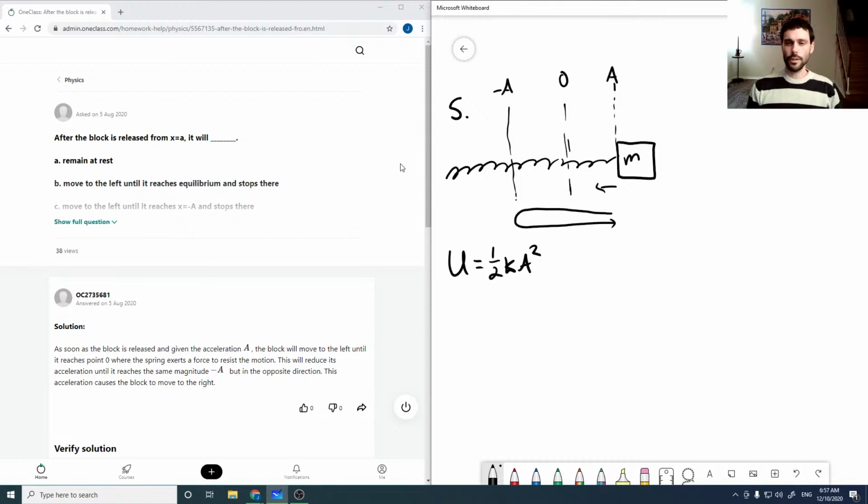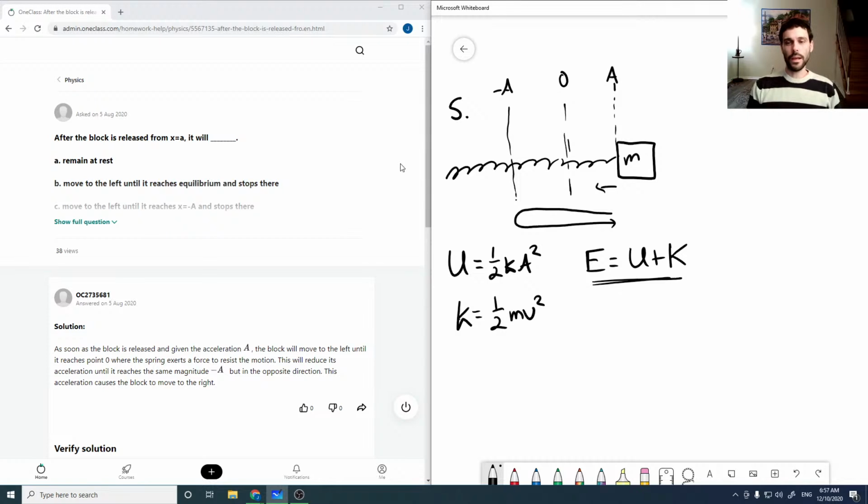So without friction our energy will always be constant as kinetic plus potential, where our kinetic energy is a half m v squared, and so it'll just keep going back and forth without friction, swapping the potential energy into kinetic energy.